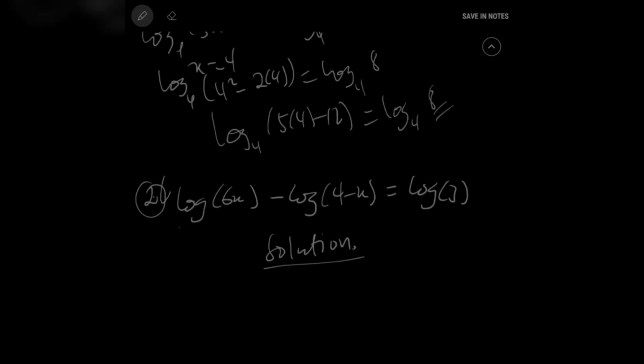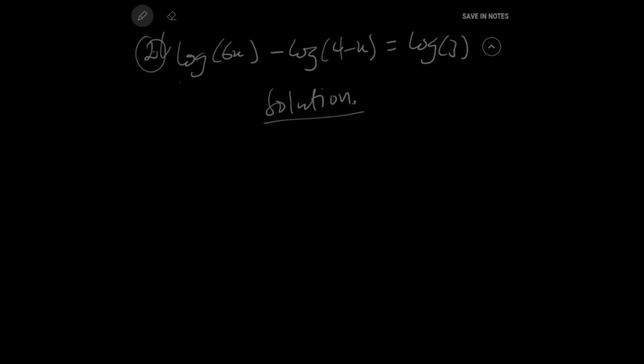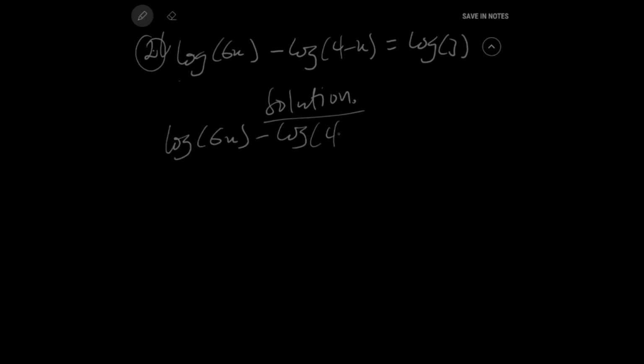Okay, so we have log of 6x minus log of 4 minus x equals log of 3, right? So we know, because you have the same base, properties of the laws of logarithm.